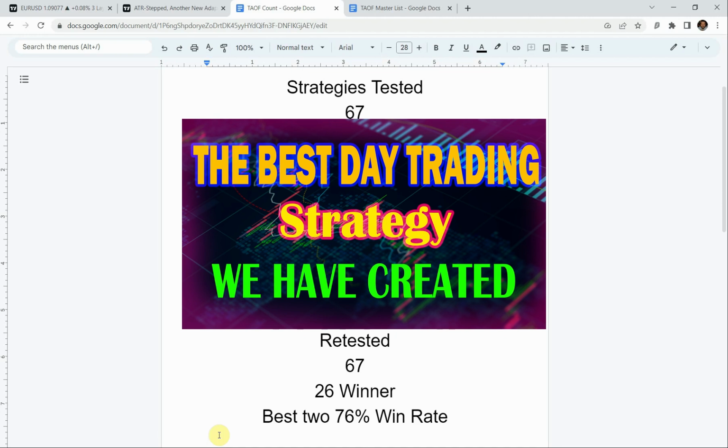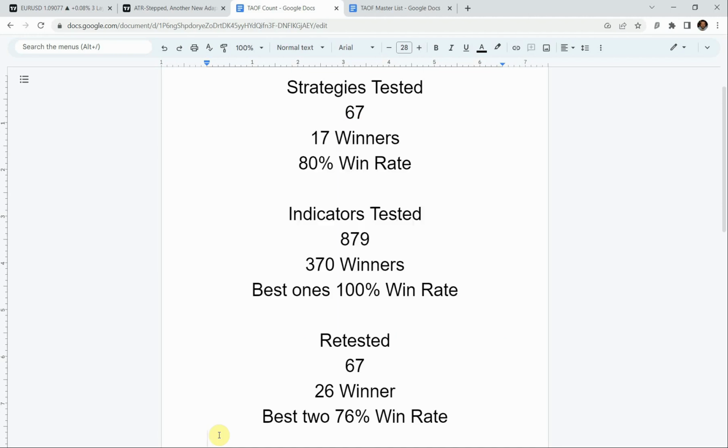We've also tested a total of 879 indicators, with 370 of them being winners. The best ones so far were able to achieve a 100% win rate. Now you need to go back and watch those videos to understand the context of how they were able to achieve that, and see what we can get out of those winning indicators.